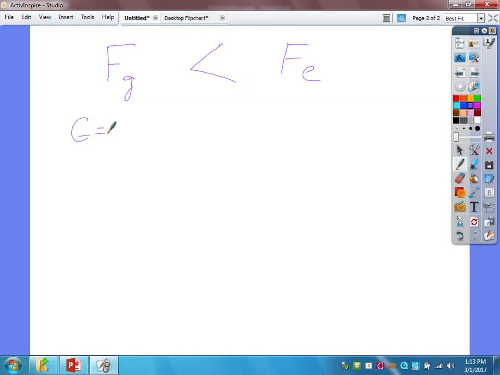The constant for gravitational force, I believe, was 6.67 times 10 to the negative 11th. Well, the constant for this one is 9 times 10 to the 9th. So electric force is generally much larger than gravitational force between two objects. Those charges would have gravitational force between them, but electric force is much, much larger.